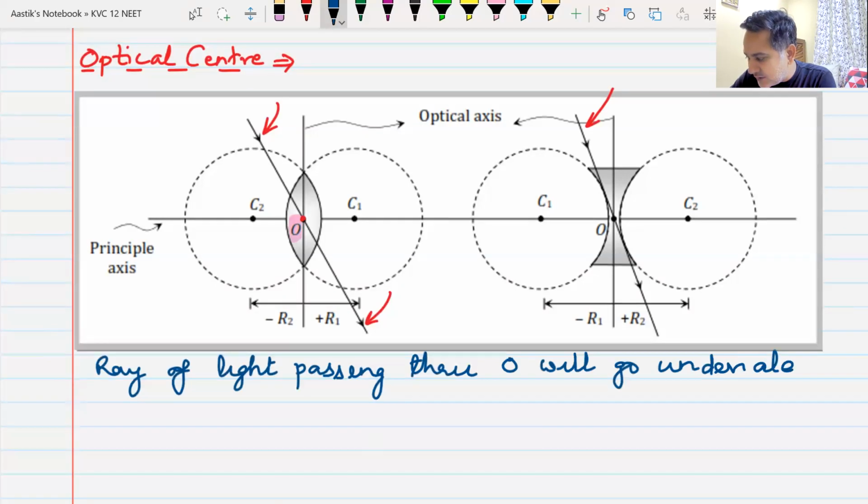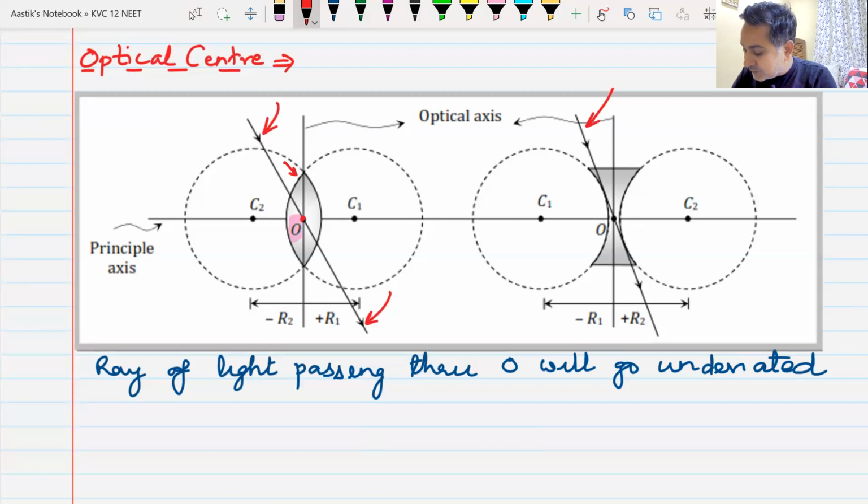Do we understand this, my dear friends? It will go undeviated. As you can see, it just passes like there is no lens. It just passes straight. Do we understand this? Yes, sir. Okay. This is the optical center of the lens. Now, just some things that you got to see here in this diagram.